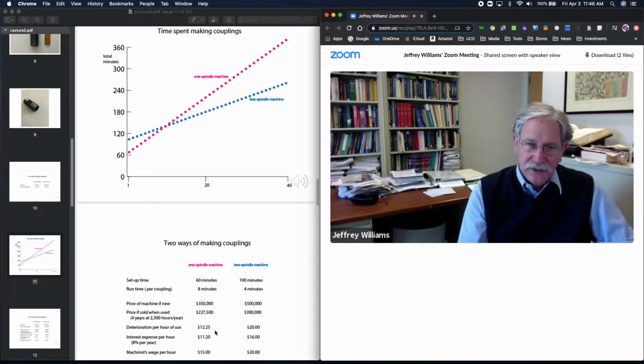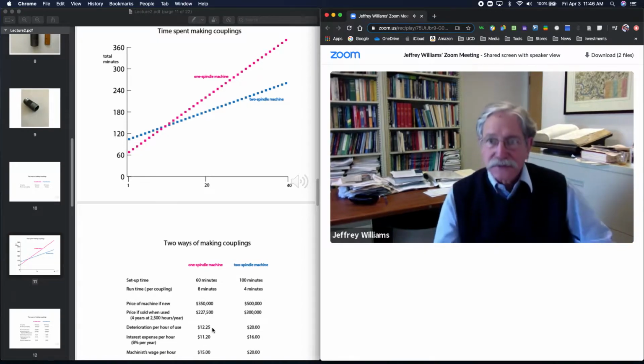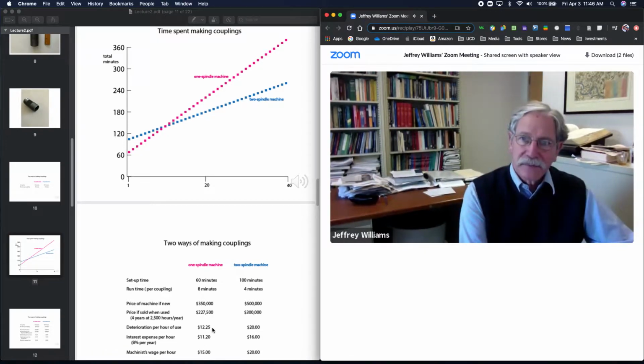And I've made the sale price of the one spindle machine not 40% down, but 35% down, on the theory that the fancier machine wears out faster. It's got two spindles. Either one of them might go out of alignment, and that would make the machine worth much less.